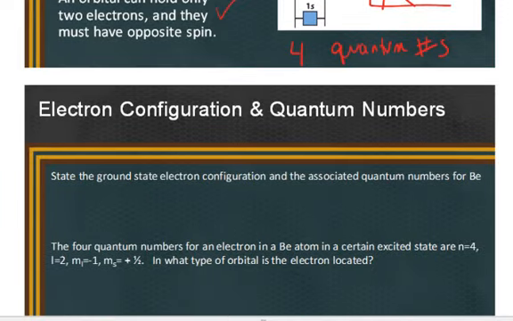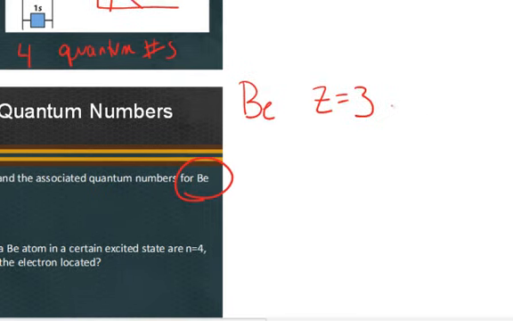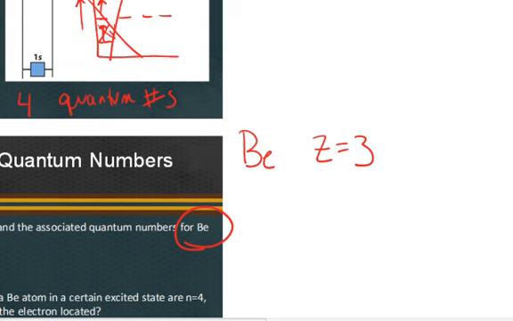So, let's practice this. State the ground state electron configuration and the associated quantum numbers for the element beryllium. Okay, beryllium has an atomic number of 3, which means it has 3 electrons. If we follow the Pauli exclusion principle, we fill the electrons from the lowest available energy levels, the 1s.